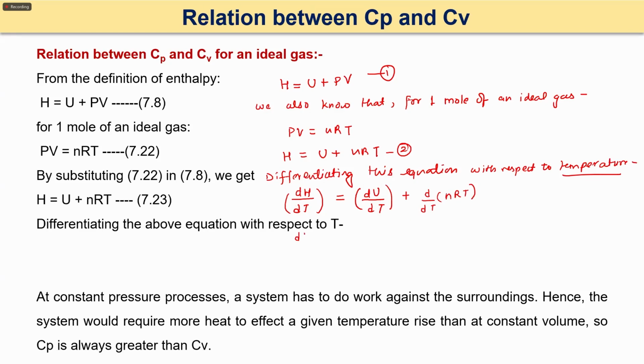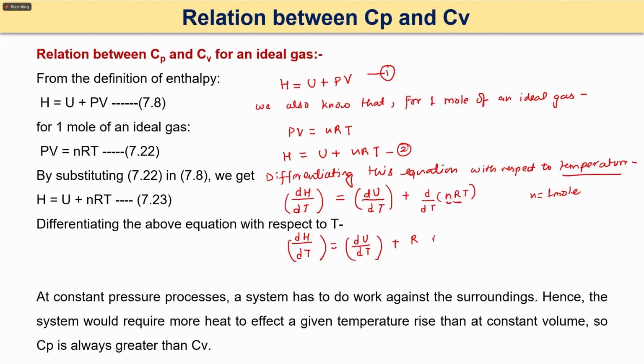So dH by dT equals dU by dT plus, n is 1 mole, so we put n equal to 1, R times d by dT of T. R is the gas constant, so it will come out.